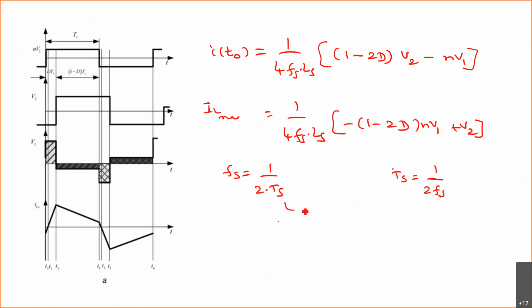Ts is the half cycle period, and fs is the switching frequency. These are the expressions for the inductor initial current and the inductor maximum current.